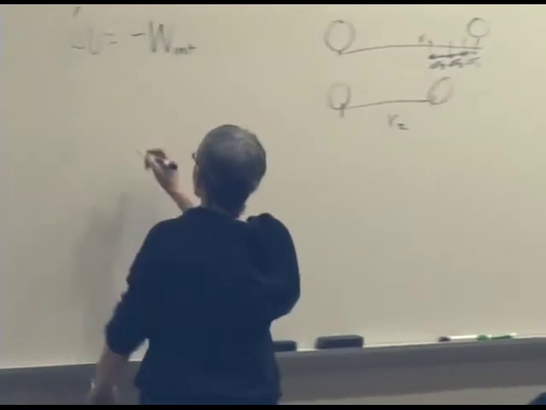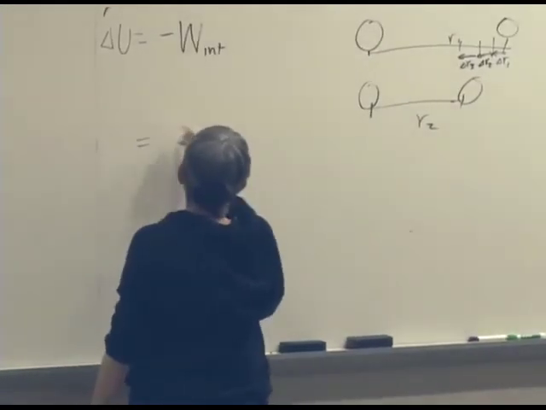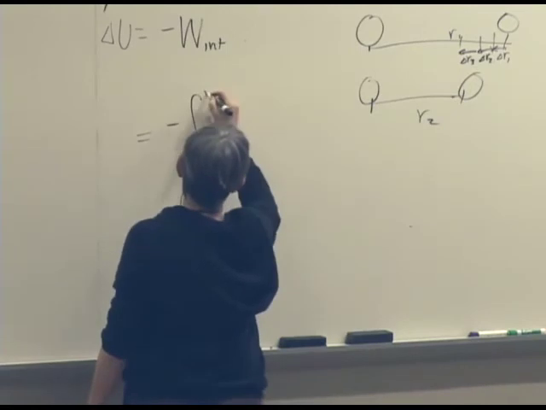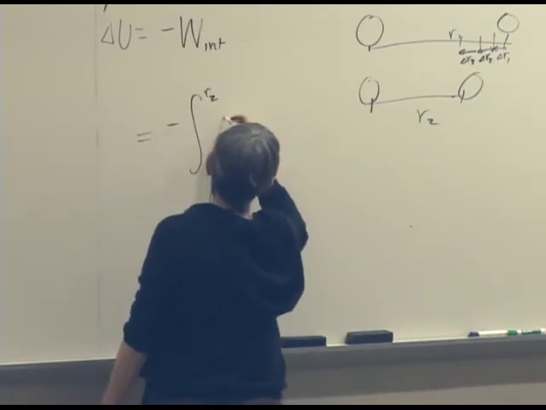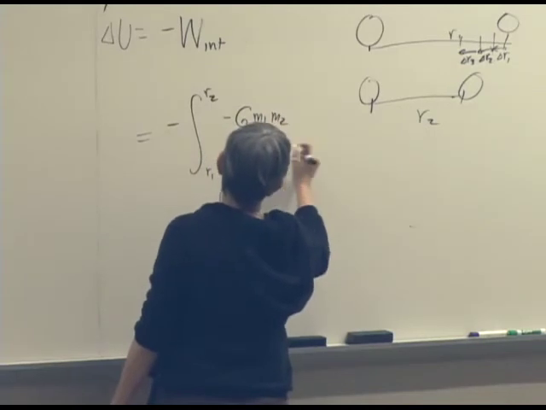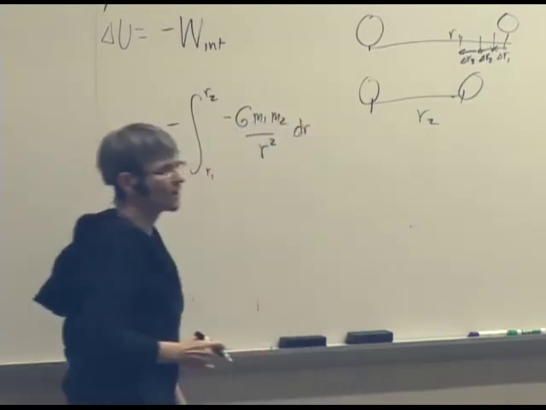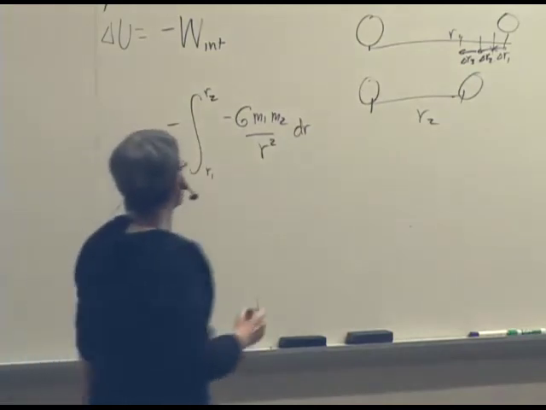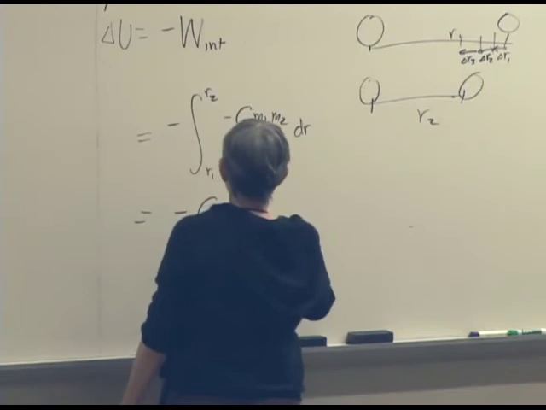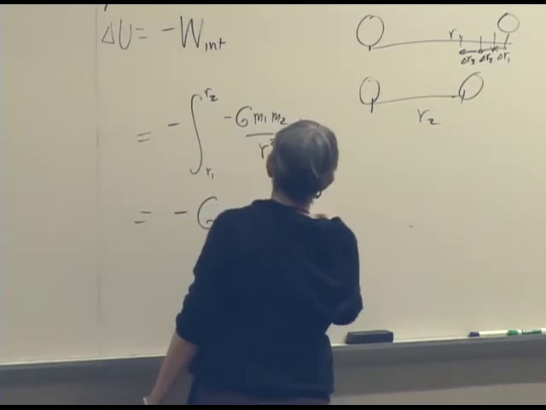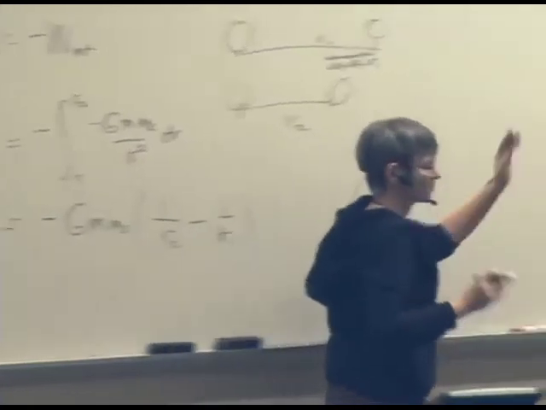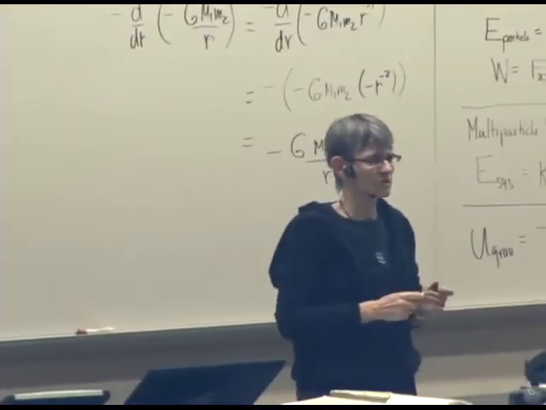This is one we can, so it would be minus the integral from R1 to R2 of minus G m1 m2 over r squared dr. That comes out to minus G m1 m2 times (1 over r2 minus 1 over r1), which is what we'd get from our equation here. So it works out.